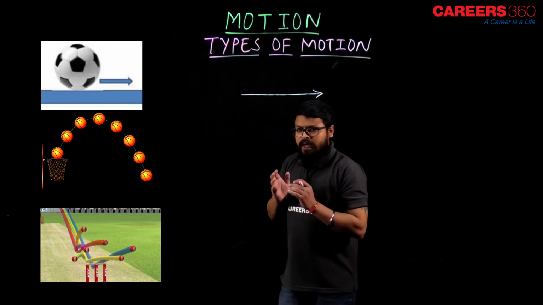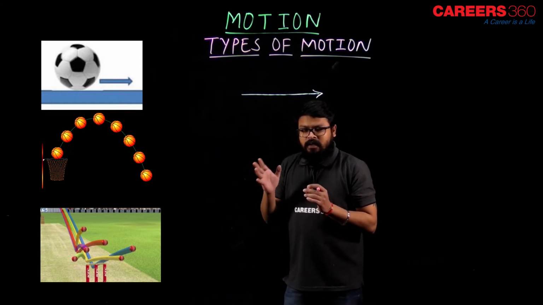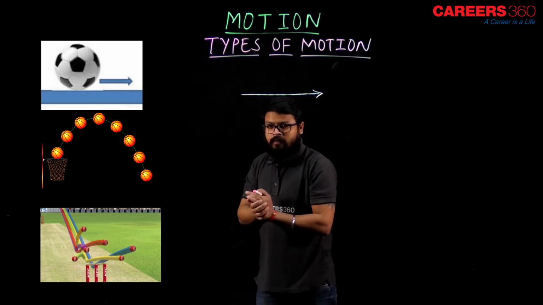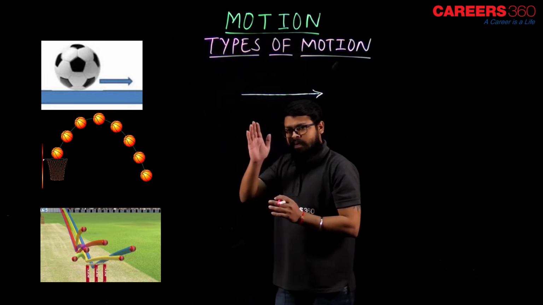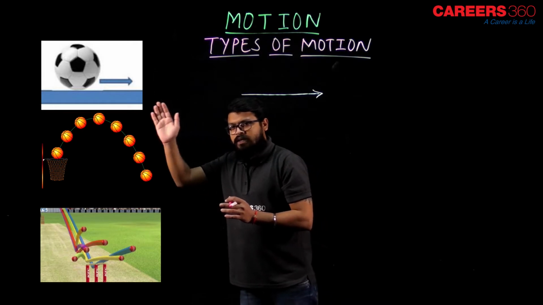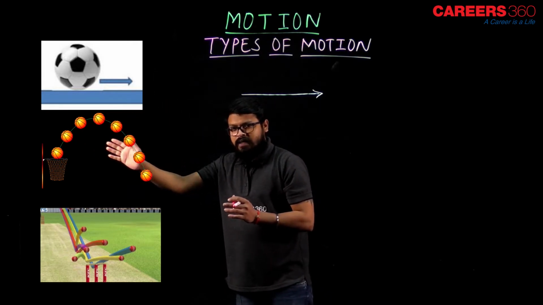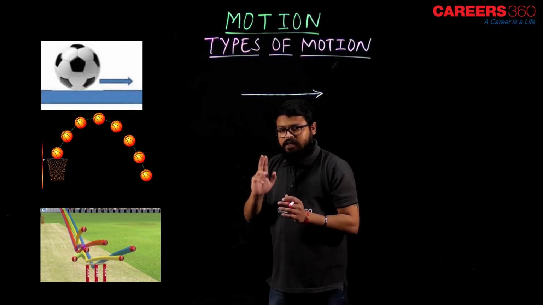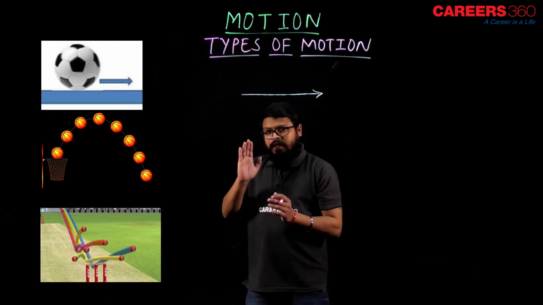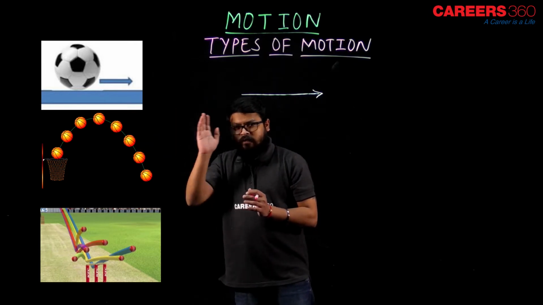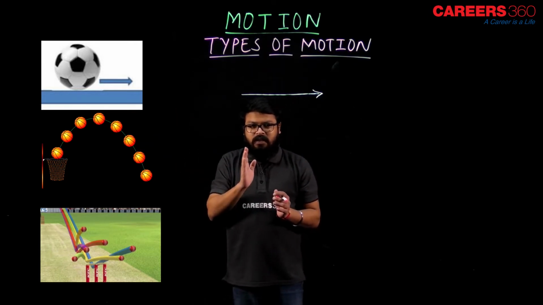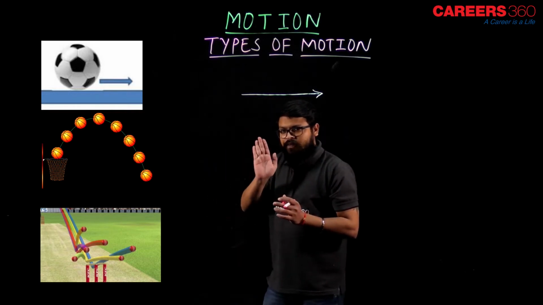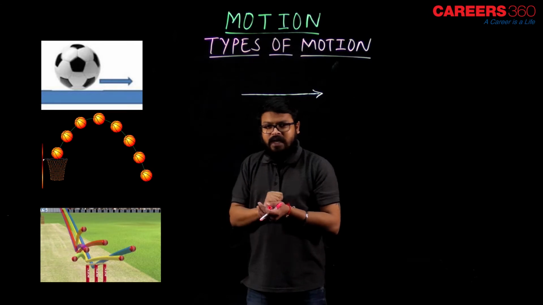Now as you can see the second picture over here, that is a basketball when it is thrown into the basket. As you can see, it is going up as well as it is going towards the basket, right? It means over here its direction is changing, that is it was going up and it is coming down. So for that we can take one direction, either positive or negative. But it is moving towards the basket also, that is a different direction.